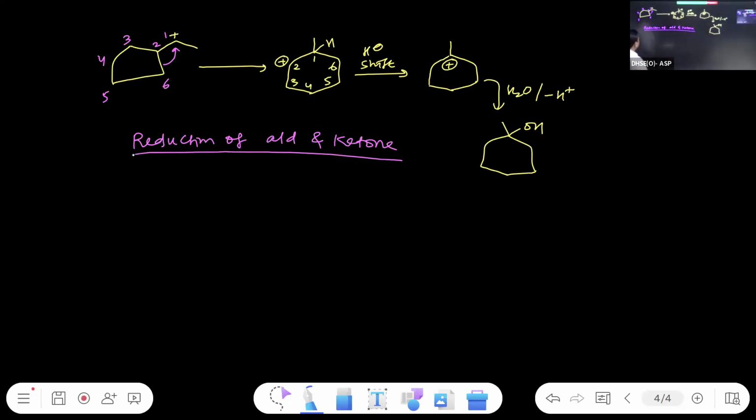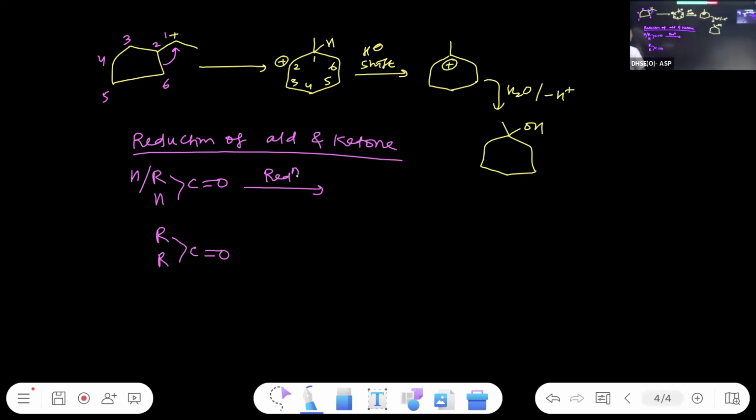Reduction of aldehyde and ketone. So the aldehyde, this one, or at the place of R it can be H also, and in case of ketone this. So we do the reduction. Okay, if we do the reduction, then what will happen?